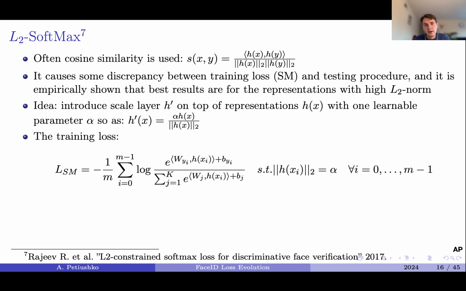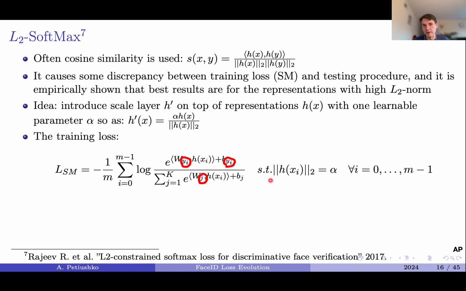And the training loss, in this case the softmax loss, just remember the derivation as we did the previous time, is minus 1 over m, the sum from i equals 0 to m minus 1 of the log of e to the power of the dot product of w yi, where yi means the correct class for the input xi, plus some bias term again from the correct class, divided by the sum over all classes j.